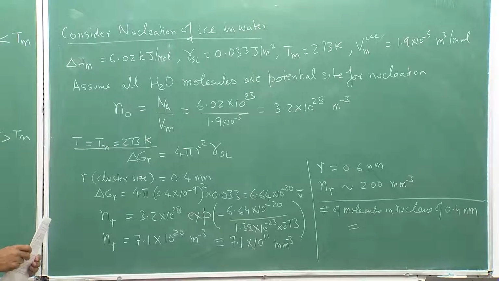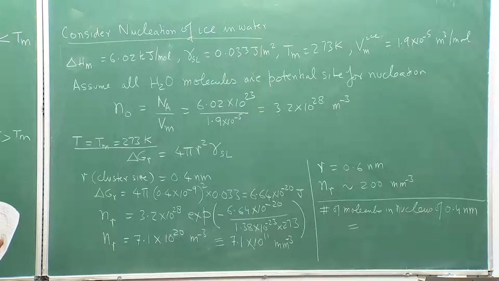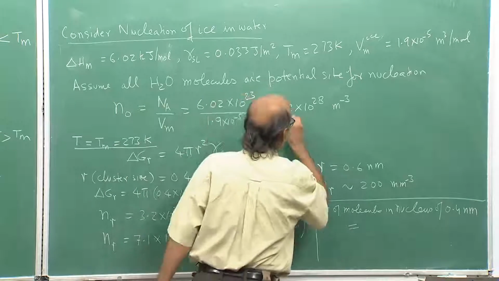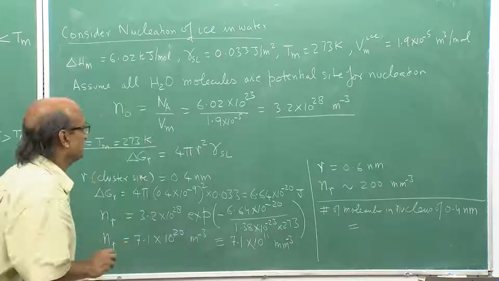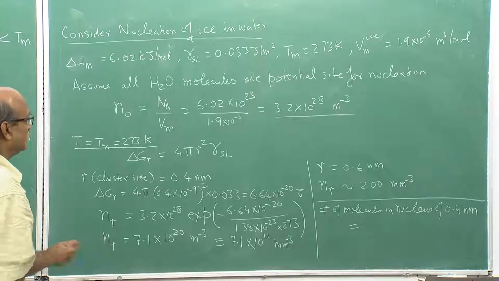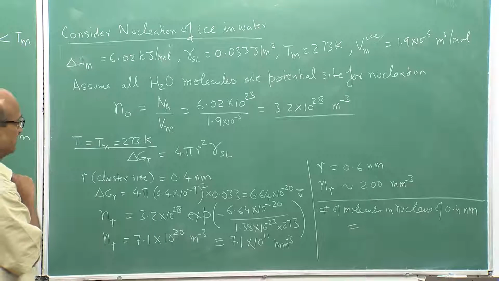Now, what is the number of molecules per unit volume? Well, it is just N0 itself, 3.2 into 10 to power 28 per meter cube.